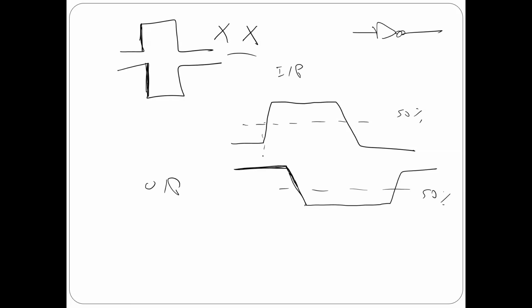So there is a delay. The time from here to here is called the propagation delay, tP. But when the signal moves from high to low, there is another one here. We call it propagation delay when the output changes from low to high. Is that okay?